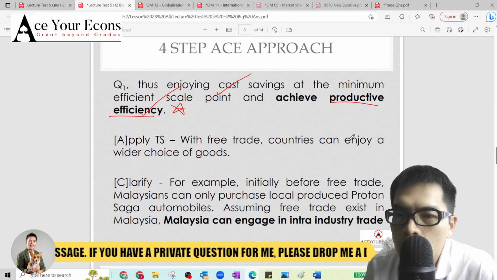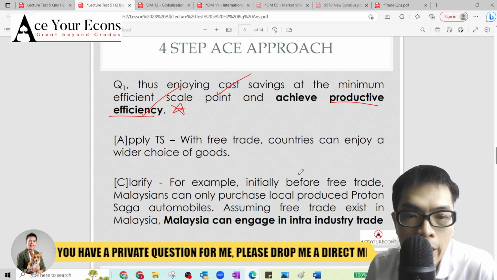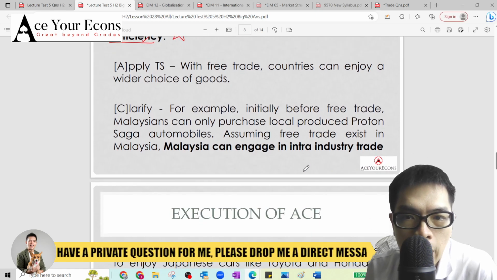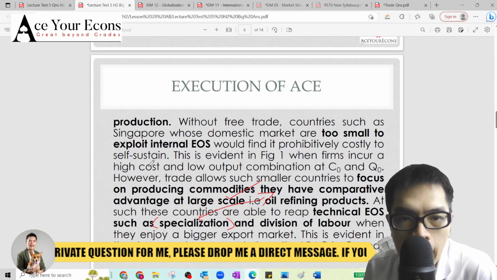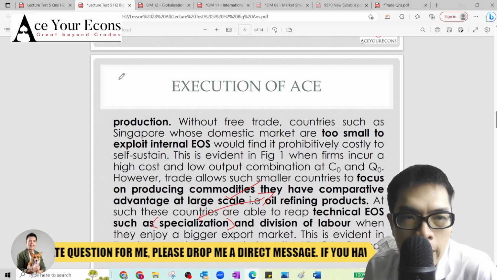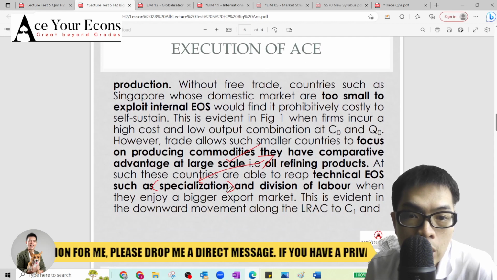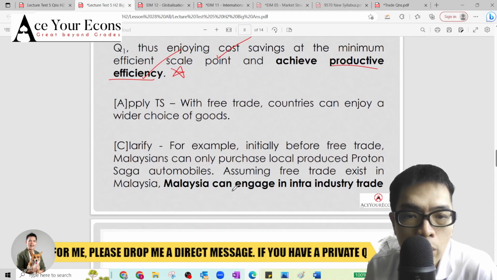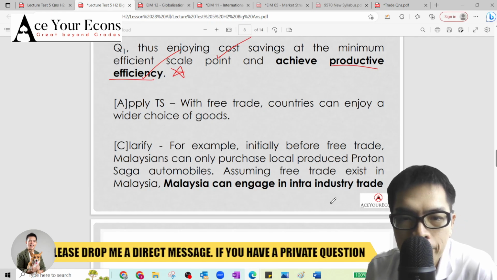Second point, wider choices of goods or variety of goods, V. So you realize that all the illustration here has an example. Sometimes an example will be in the question, planted here in the preamble. Sometimes you don't have. If you don't have examples, you need to come up with your own. So notice how this point is developed.